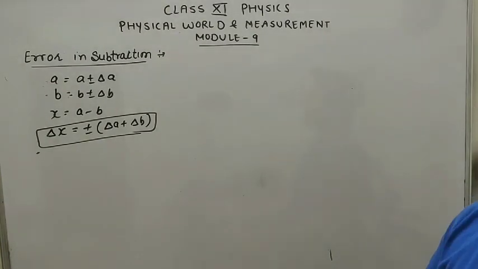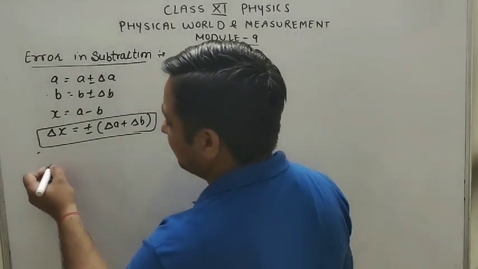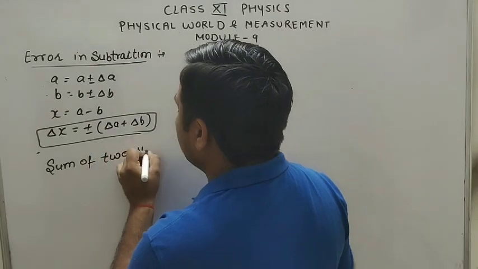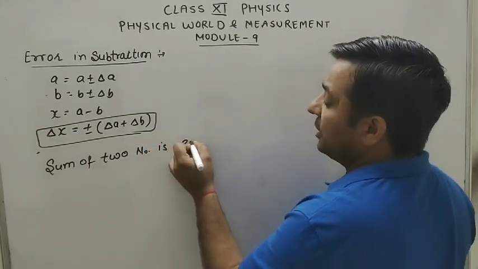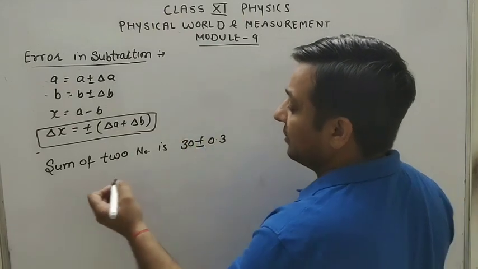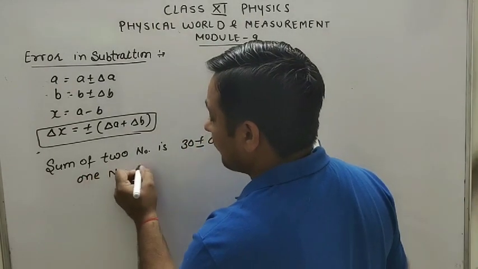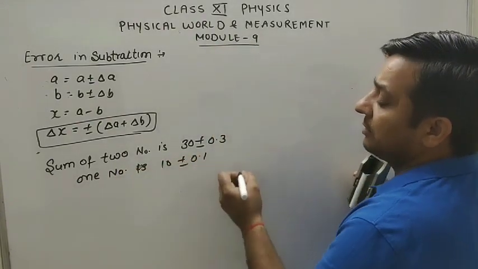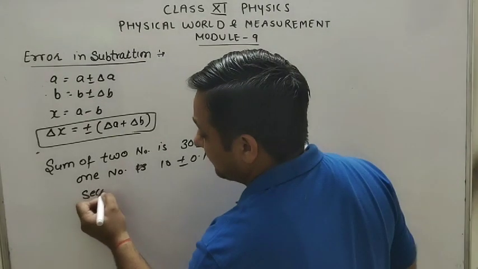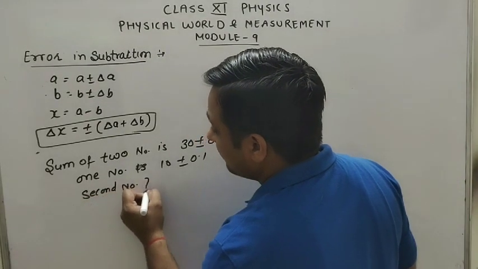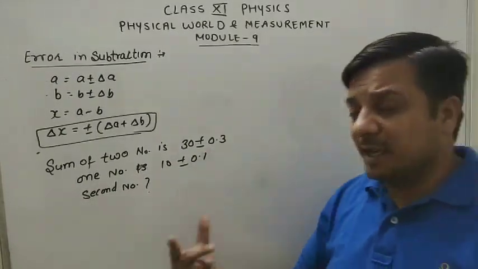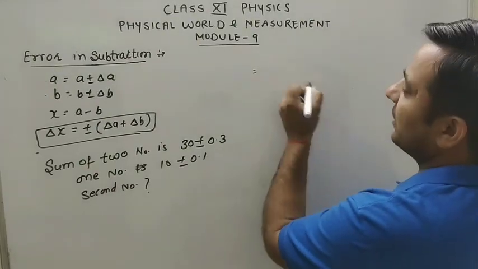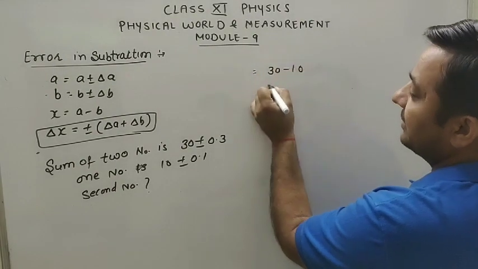So you can find out the sum of two numbers. The sum of two numbers is 30 plus minus 0.3 and one number is 10 plus minus 0.1. Find the second number. Then what will you do? Because it is the sum and one number is given, definitely the other number is 30 minus 10, that is equal to 20.